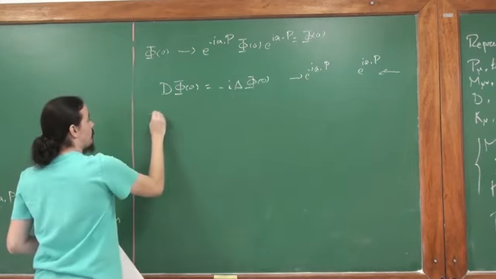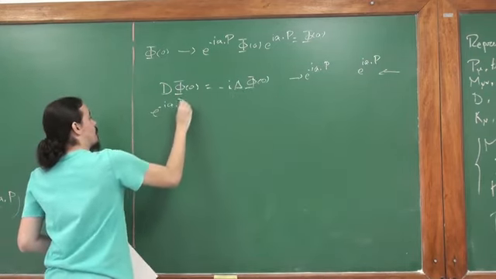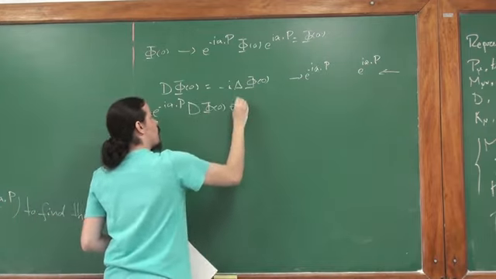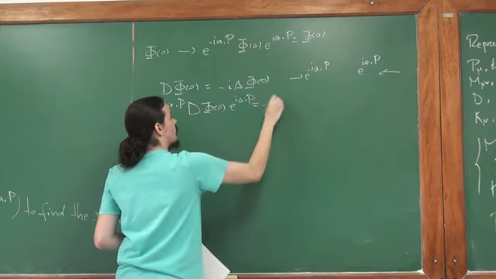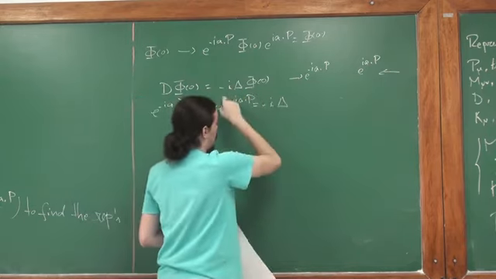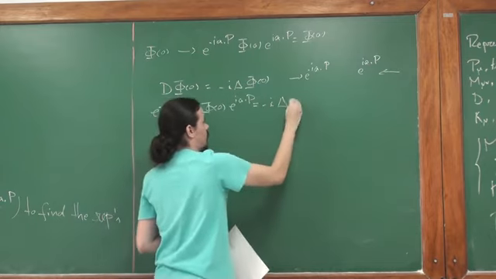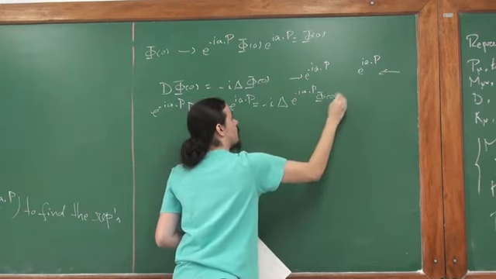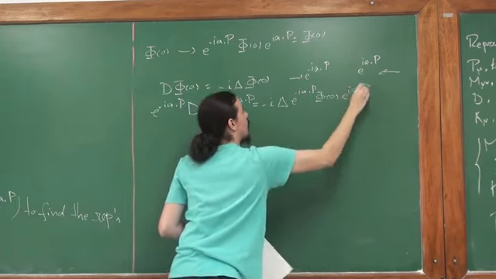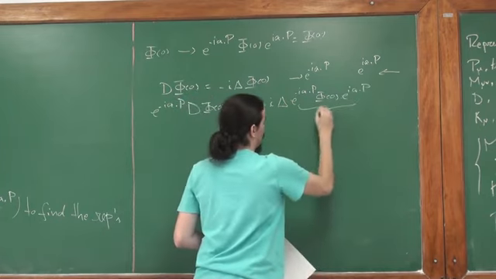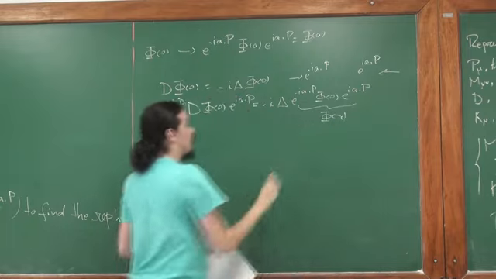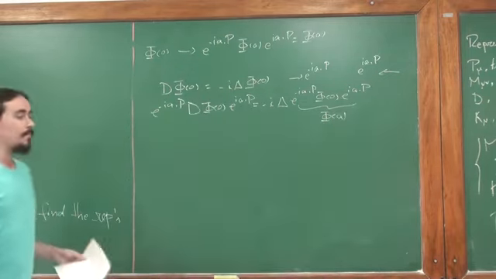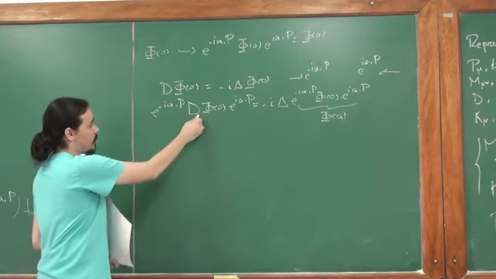So I'm going to have, since it's a number, I can just take this exponential and bring it up here. Okay, this is already the field at point A. But here we still are not quite there.